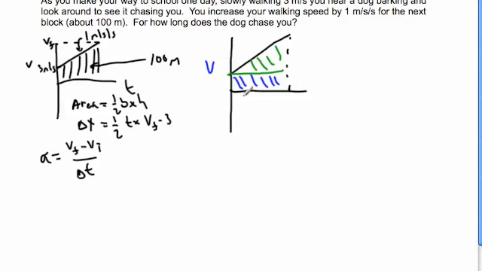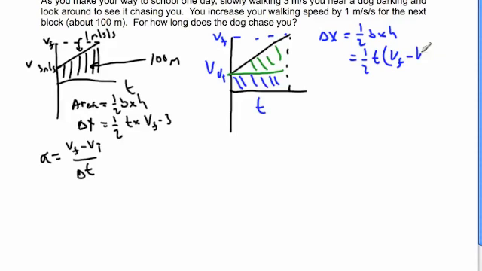Alright, so this triangle has area or displacement equal to 1/2 base times height, and in specific terms here, 1/2 time times the final velocity minus the initial velocity.